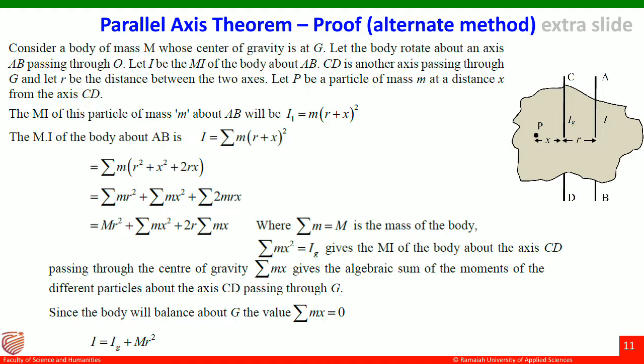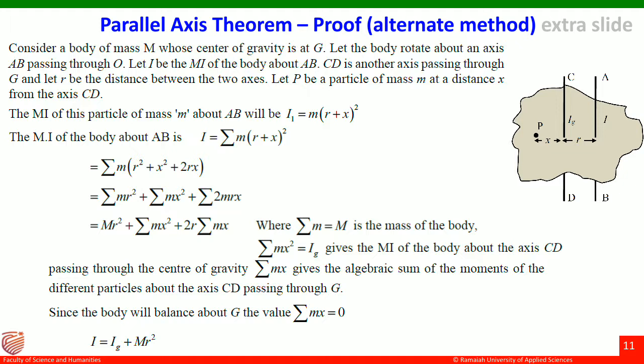Now let us consider a body whose mass is m, whose center of gravity is at G, and G is the point where the vertical line CD is passing through, and let the body rotate about an axis AB. This is the new axis AB, about which I need to find the moment of inertia.